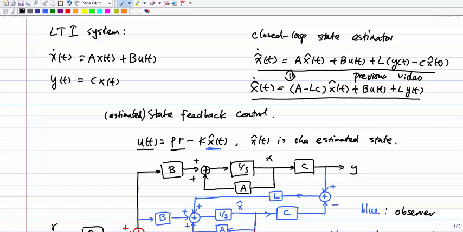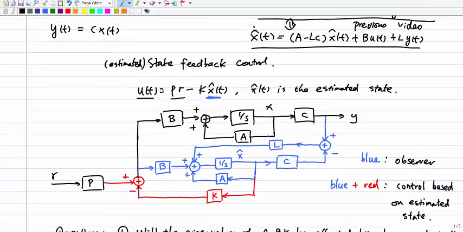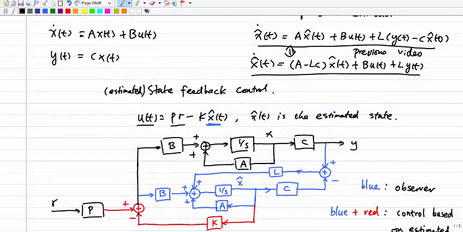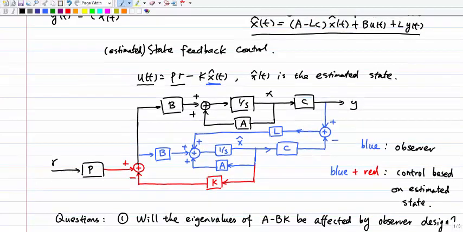Now this is a block diagram for the closed loop control of the linear time invariant system with the estimated state feedback control. Here the black part is the original system, x dot(t) = Ax(t) + Bu(t) and y(t) = Cx(t).